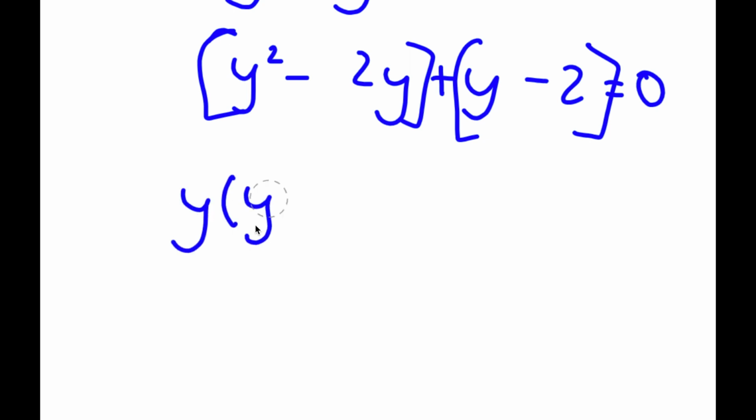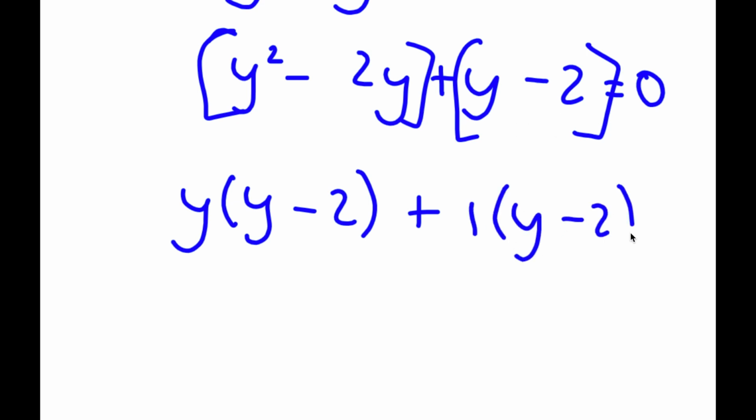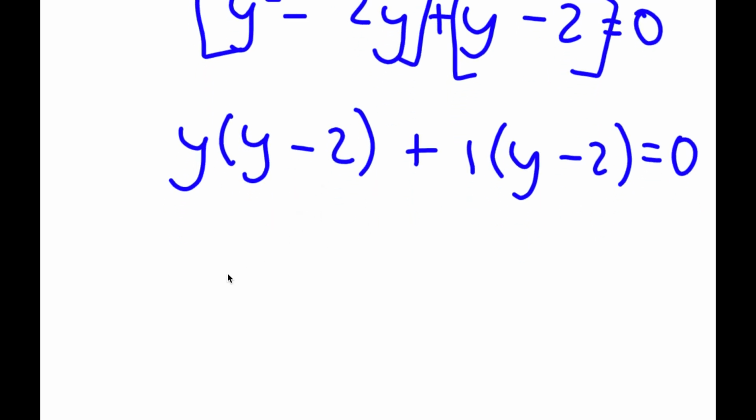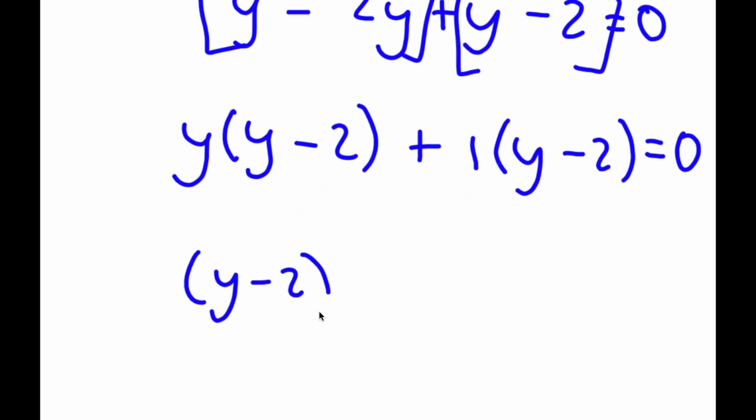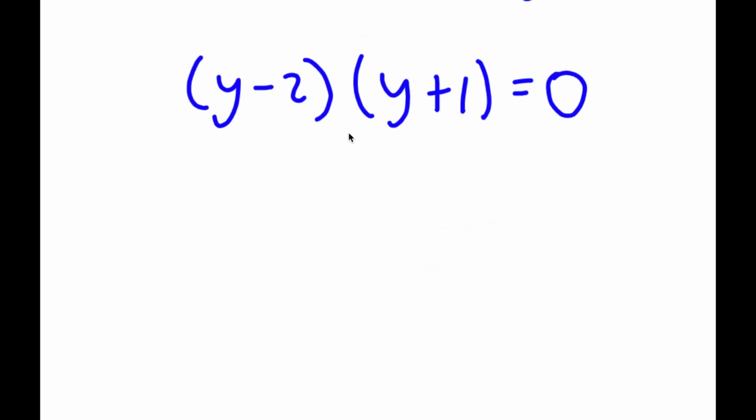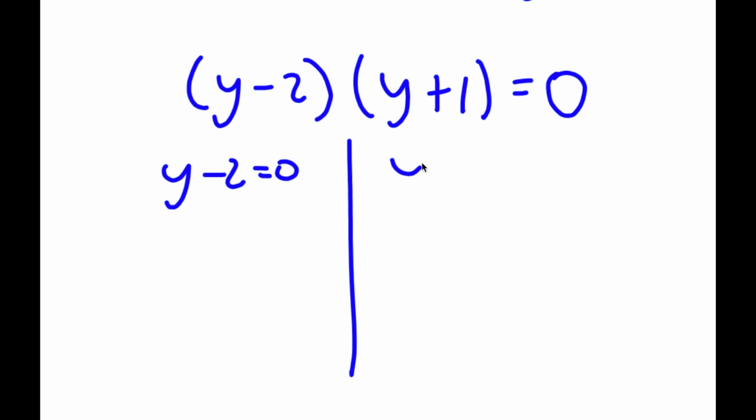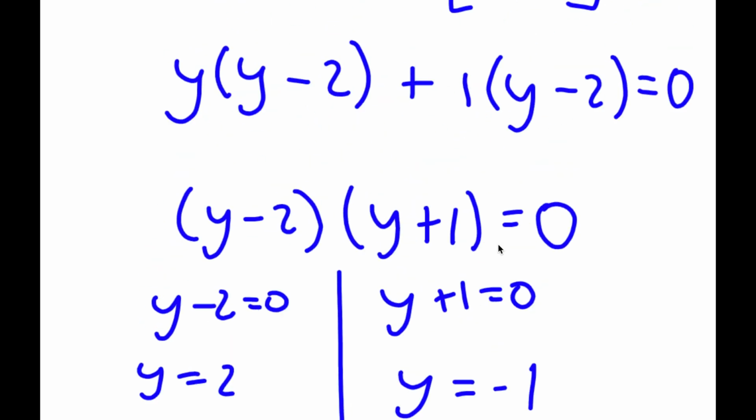So I have y times y minus 2 plus, from y minus 2, the greatest common factor is simply 1. Now, if I factor out y minus 2, I get y minus 2 times y plus 1 is equal to 0. So this gives me two equations. y minus 2 is equal to 0 and y plus 1 equals 0, meaning y is equal to 2 and y is equal to negative 1.